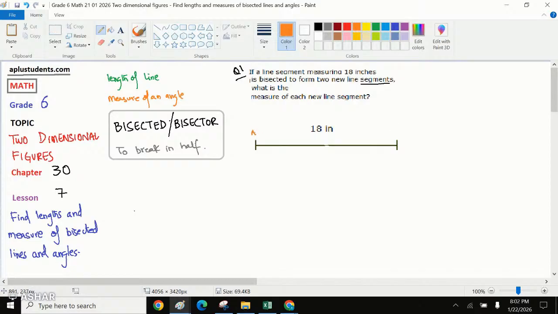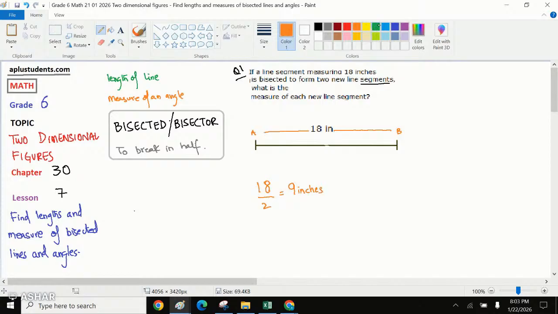from point A to point B, the length was 18 inches, right? If the length of the line is 18 inches, divided by 2, 18 divided by 2 would be 9 inches, right?